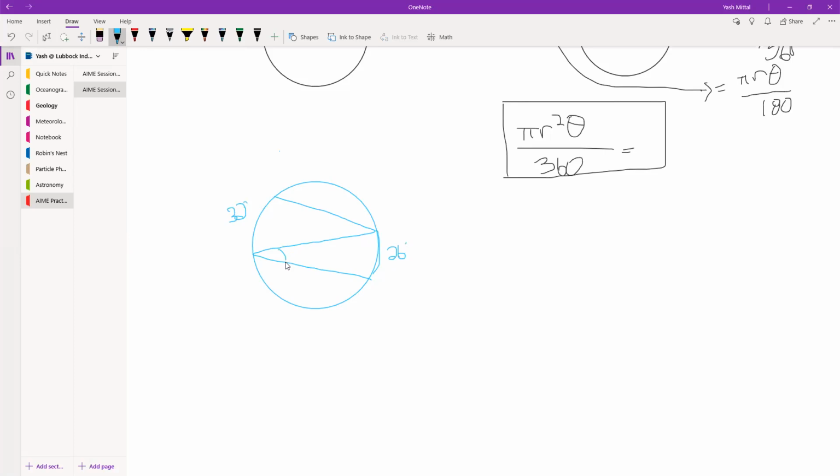What is this angle right here? That's essentially the kind of problem we'll be dealing with. Based on just this angle, you can figure out what this angle here would be, and the same thing right here, you can figure out what this angle would be too. We'll be discussing that in the video.